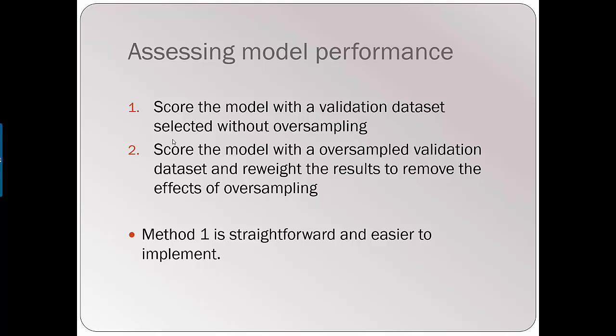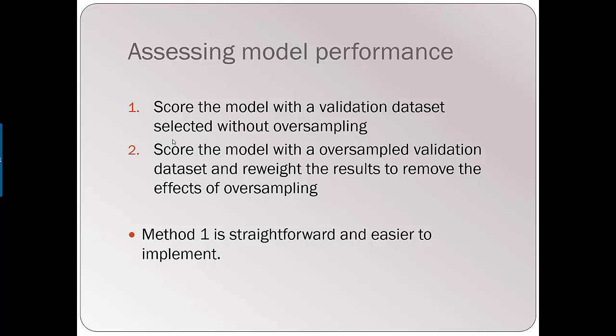So now to validate, so your train set is now oversampled, right? So now you have a model. Now you want to calculate performance measures for the model. So one option is to set up a validation set that reflects the underlying data. That is not oversampled. The validation data set has the same proportion as the data set, then you apply that.